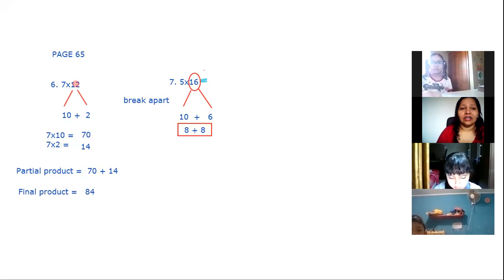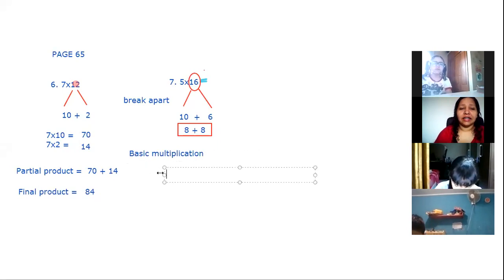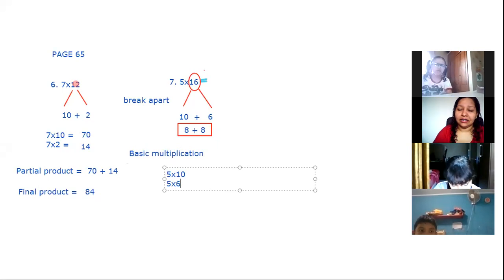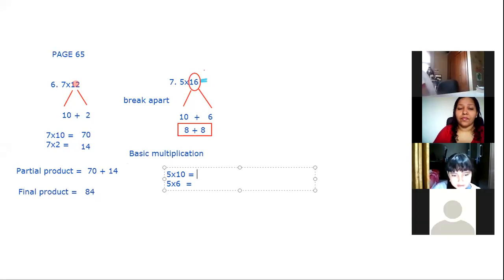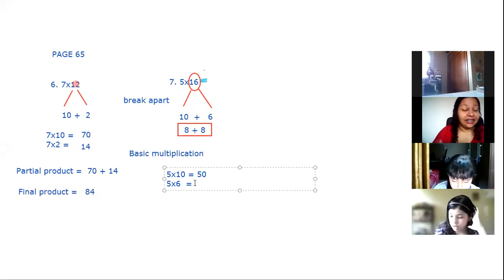Well, as you know, then you need to make basic multiplication. It's what we did over there. You see, we have 5 times 10 and 5 times 6. So 5 times 10? 50.